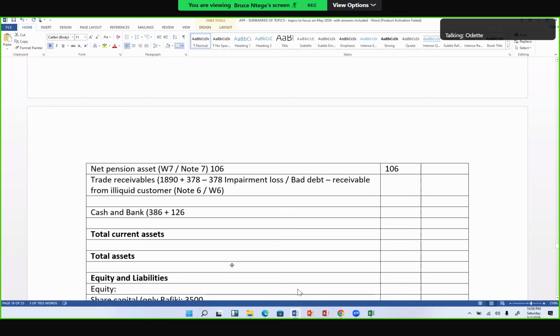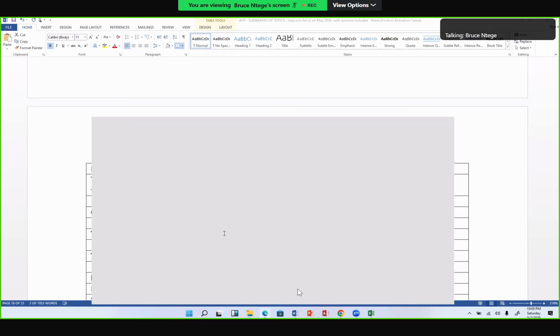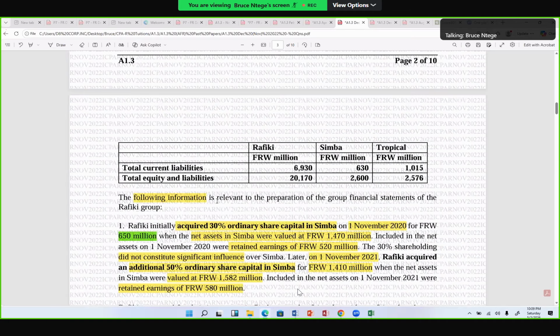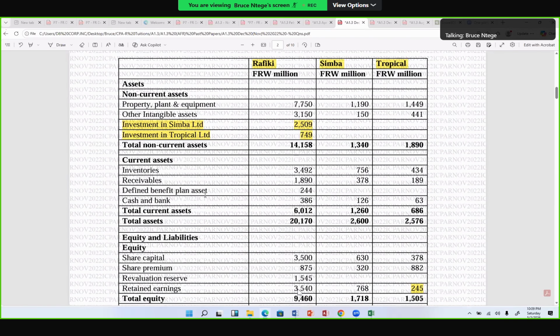In the question itself, okay, let me see. In current assets. Oh, it's here. Oh, we skipped it. But that 244 has not taken care of these adjustments.